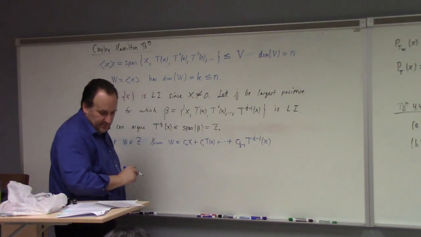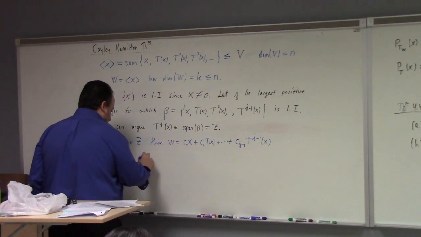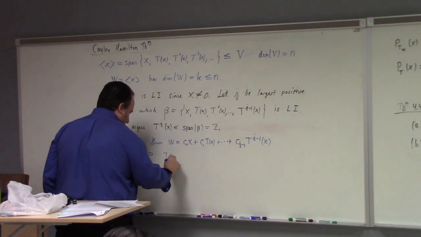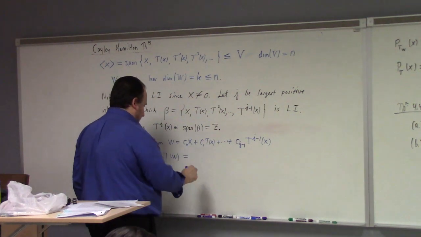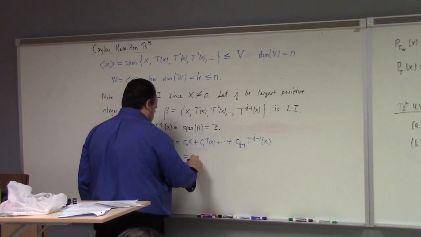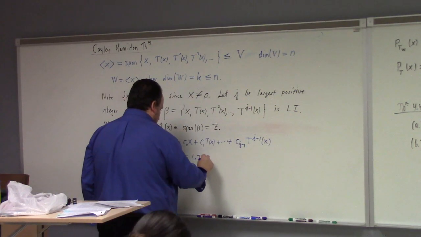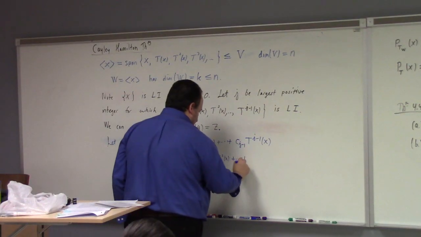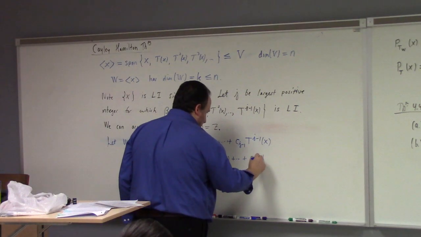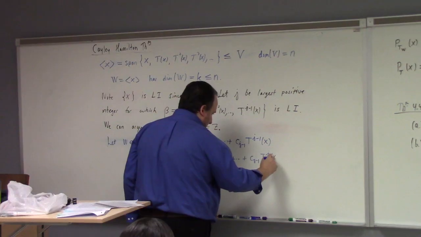So in particular, T of W is equal to what? Well, look at this: C0 T of x plus C1 T squared of x plus dot dot dot plus C_(j-1) T^j of x.